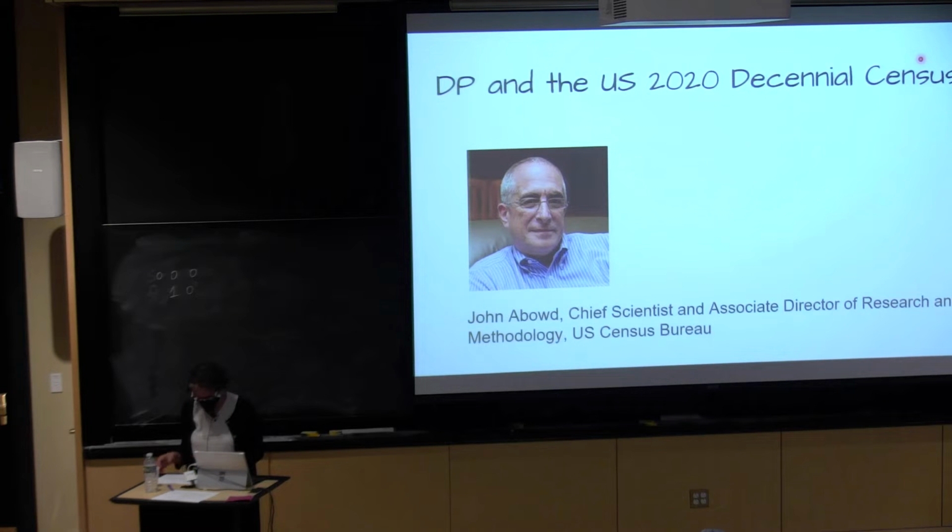So most of you probably know this, but just in case, every decade the US Census Bureau completes what is supposed to be a complete enumeration of the public. And based on those numbers, representatives are apportioned in the House of Representatives.